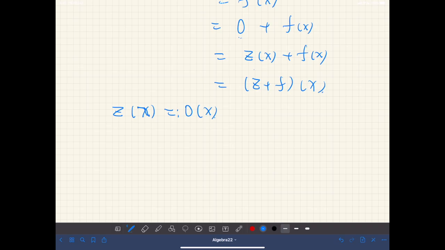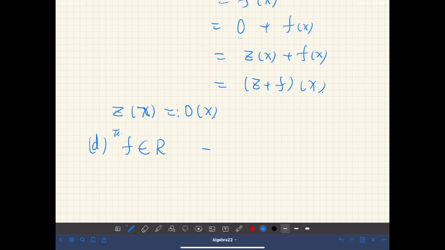Okay, and next, we need to find the additive inverse for each element. So suppose f is a function, and let's define another function.